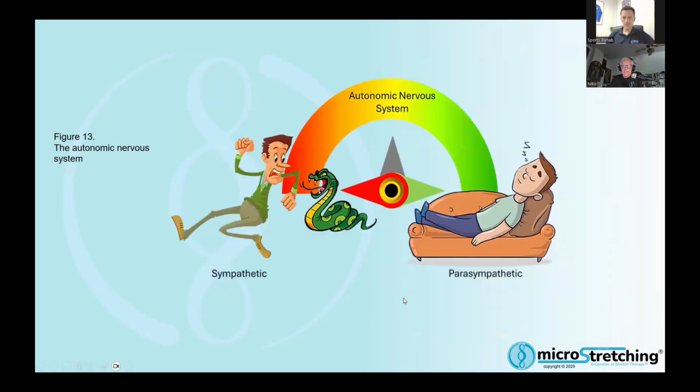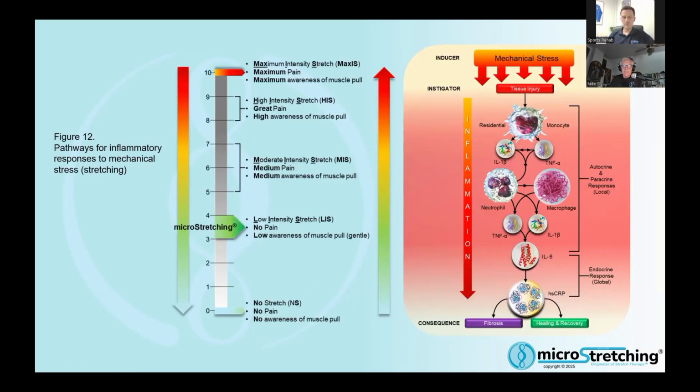Now, the second study looked specifically at stretch intensity versus inflammation. Is there a dose-dependent association? Basically meaning, if I'm stretching at 30%, 60%, or 90% of a maximum perceived stretch, am I going to get an inflammatory response, and how much?